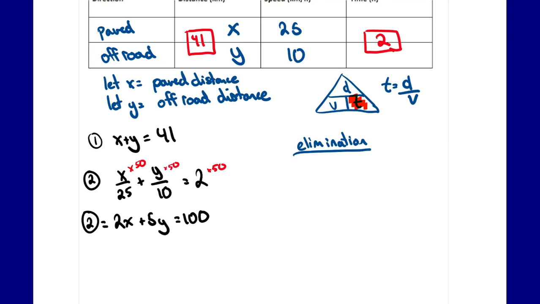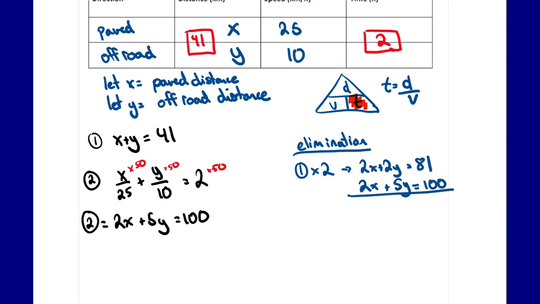So because it's elimination, I need to get the variables the same. I'm going to cancel out my x's. I'm going to multiply equation 1 by 2 to get 2x plus 2y equals 82. Now with equation 2, 2x plus 5y equals 100, I have the coefficients in front of x the same.